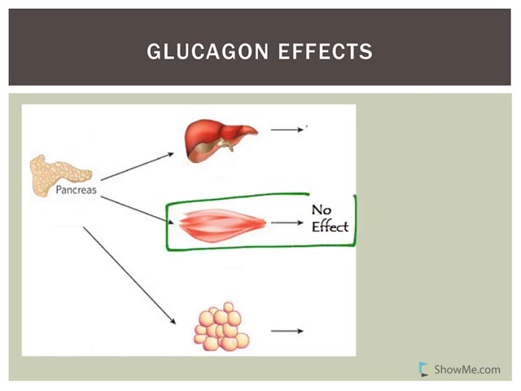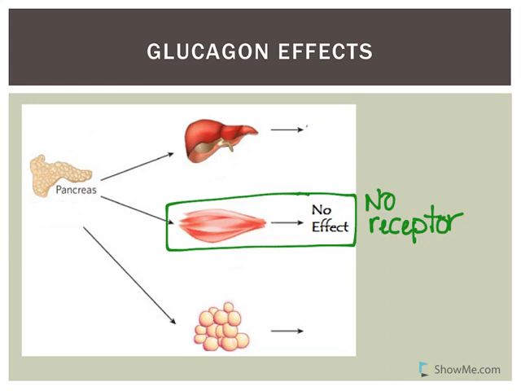Let's look at this one right now. Skeletal muscle: there's no effect because there is no receptor for glucagon. So even though blood glucose levels are low, we can't target the skeletal muscle. But I mentioned when we were talking about insulin that skeletal muscle cannot release glucose into the bloodstream. It's only used for itself, so it doesn't really matter because it's not going to help us.